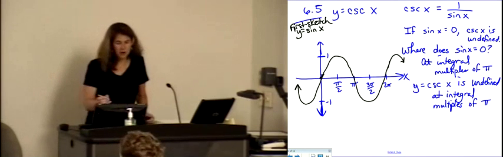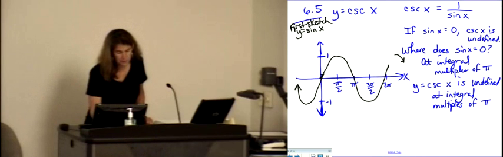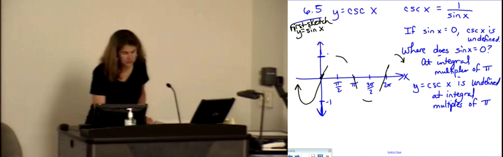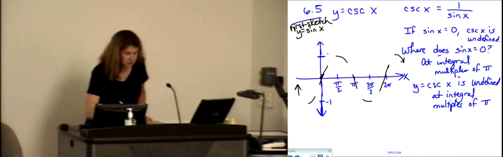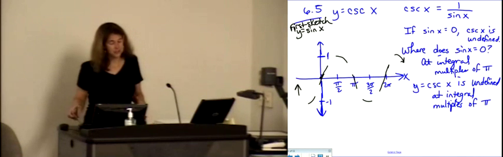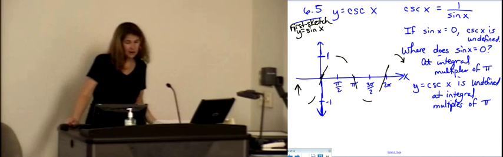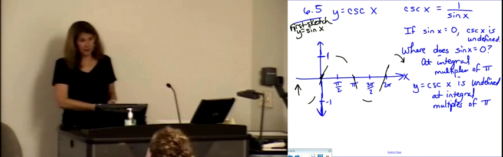So this graph here is not really part of my graph for cosecant. It's just going to be helping me. So I'm going to kind of blot out part of it just so I can use it as a guide. I want to stress that what I just drew up here in black is not part of the cosecant graph. It is only helping me draw the cosecant graph up here.